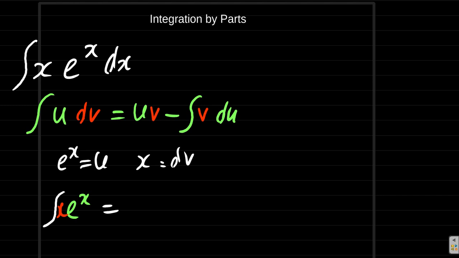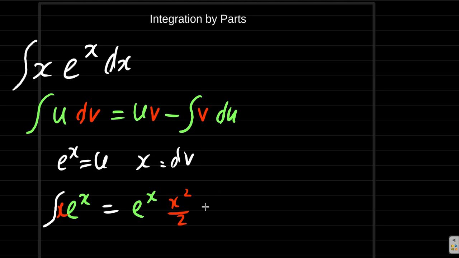Now, we're saying that u is e to the x, so this is e to the x times v. But guess what? Our dv is x. See that? So, to move from dv to v, you have to integrate. What you'd have is x squared over 2.